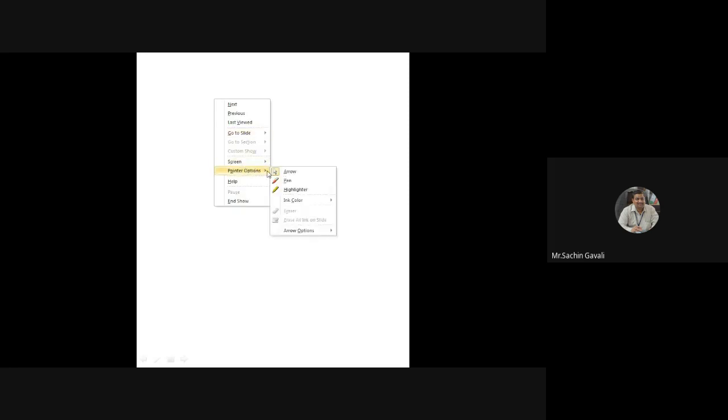Now write down with me the pipeline connections.